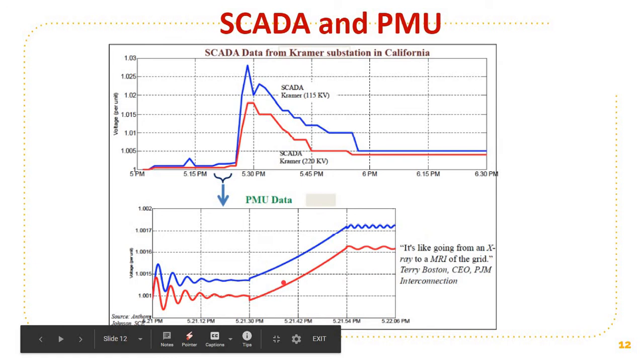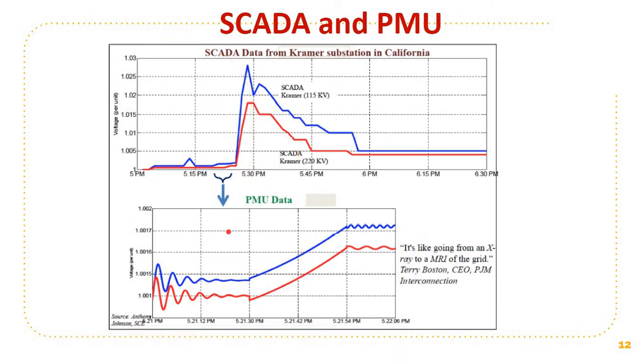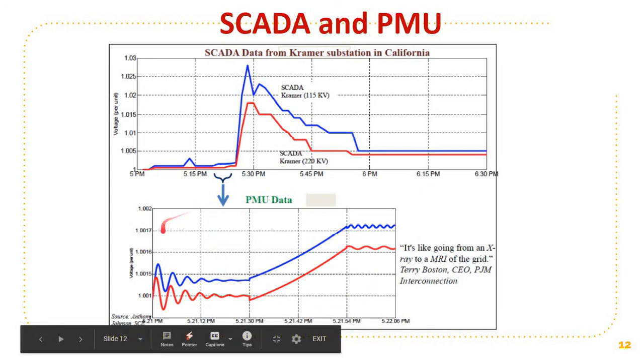This picture shows the data from a SCADA and a PMU. You can see a very short interval of time very clearly using PMU data, and this will enable us to analyze the various problems and predict possible faults.